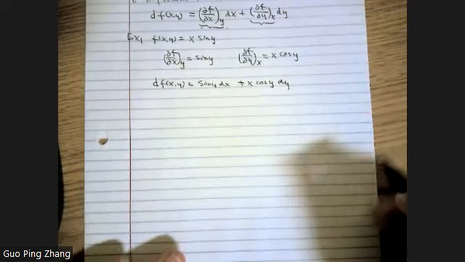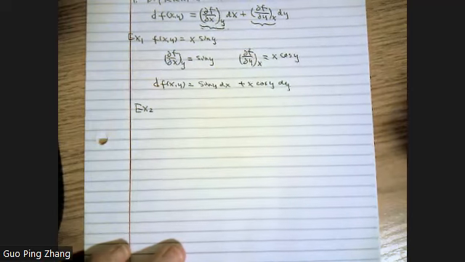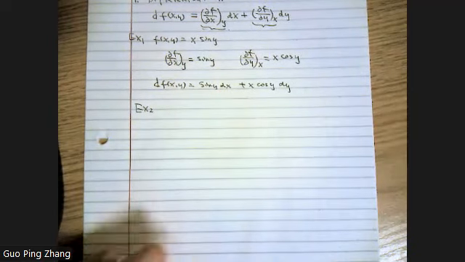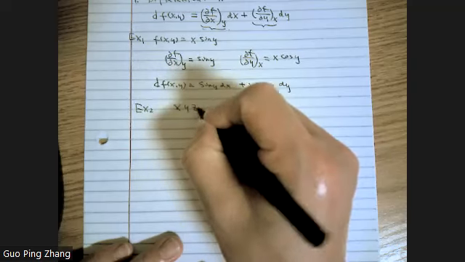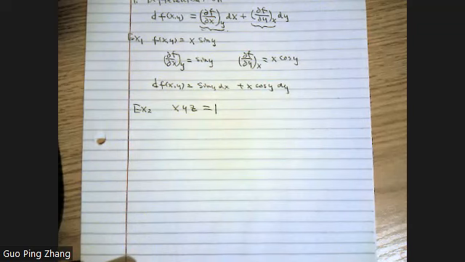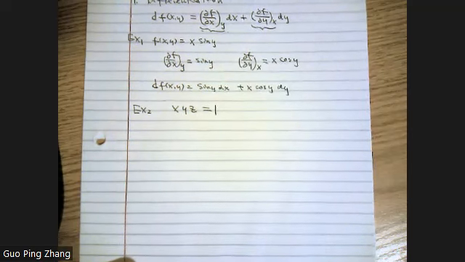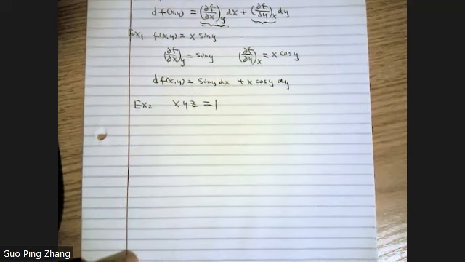In this example, which is simpler, you can see the function directly equals x times sine y. But sometimes we do not have such a simple expression. Let me show you the second one. Suppose I have just an equation, xyz equals 1. In this case, when we calculate partial derivatives, it must be known which one we want to consider as a function.